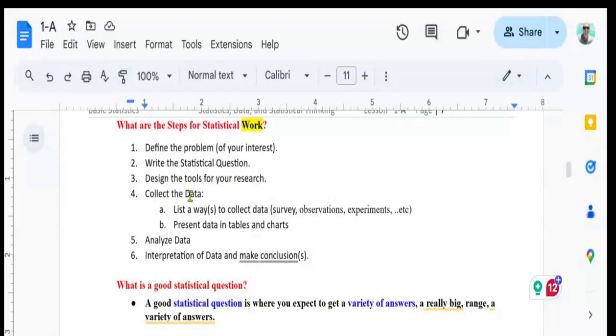What else? Collect the data. What else are you going to do? Analyze the data. And what else? Make the conclusion. Is this clear? Yes. But first you define the problem, then write the statistical question, and then design the tools you're going to use.